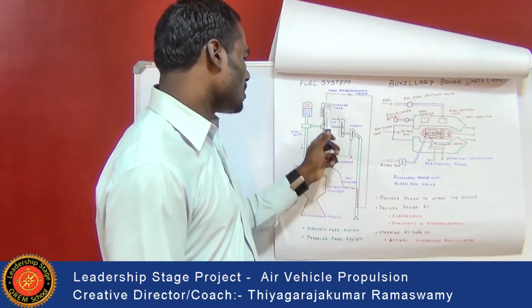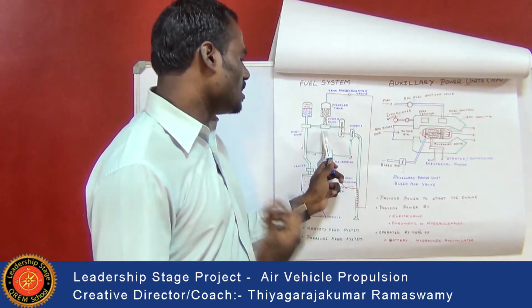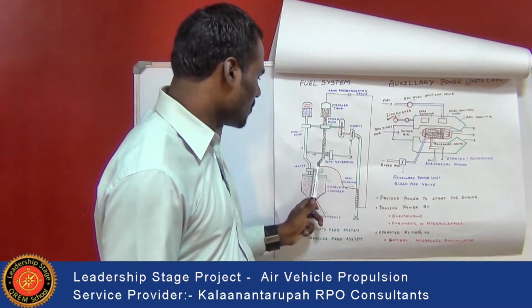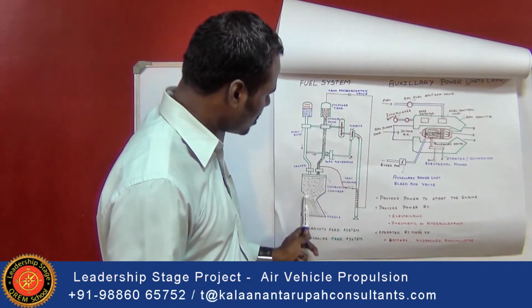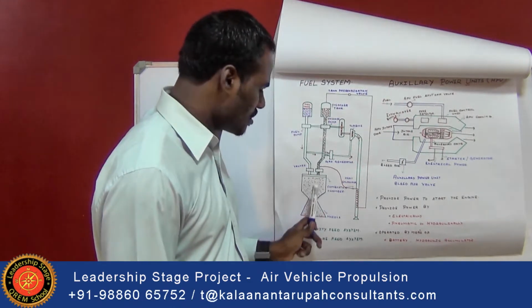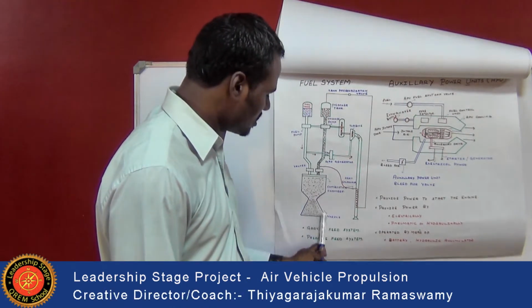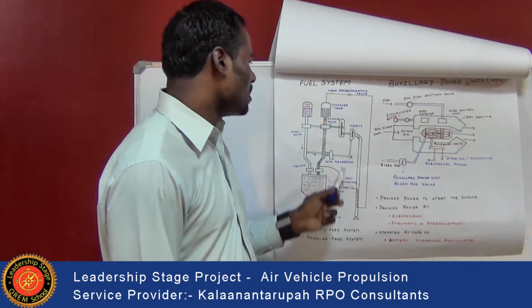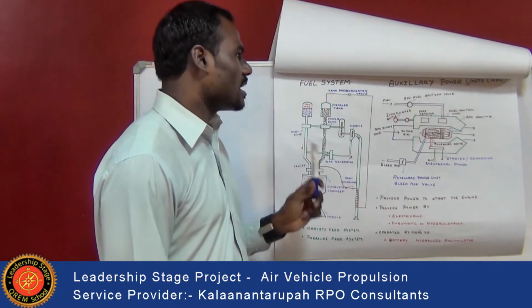There are many pumps involved in the fuel system to supply the combustion chamber. Here the combustion is carried out, and it is exhausted at this area, that is the nozzle structure. This is the diagrammatic representation of the fuel system in the aircraft.